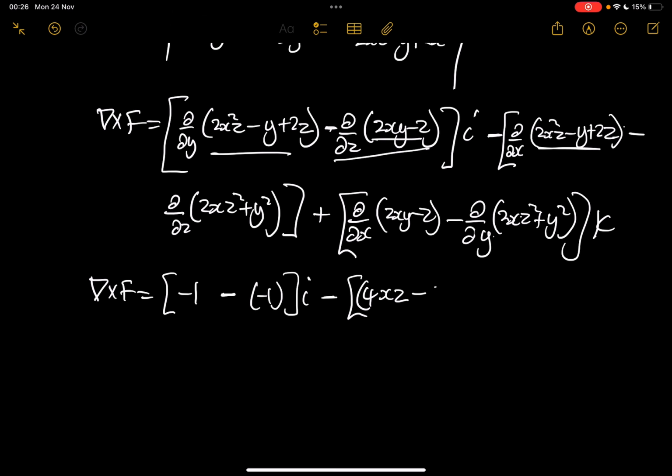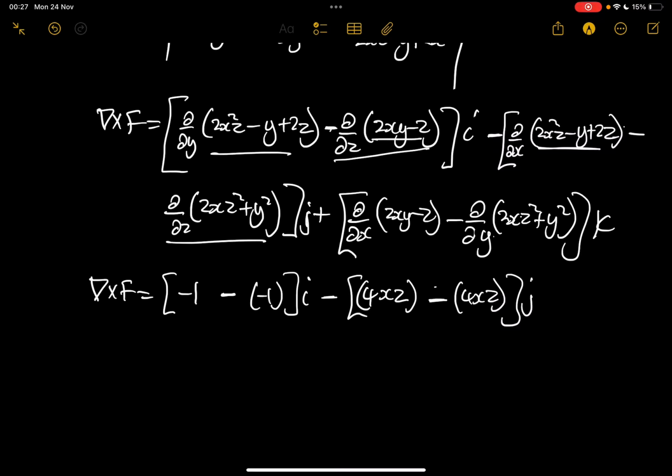Okay, so if we're differentiating that, we're going to get 4xz. So that with respect to x, differentiating this, and minus differentiating this with respect to z, we are going to get 4xz again, and then this is j.